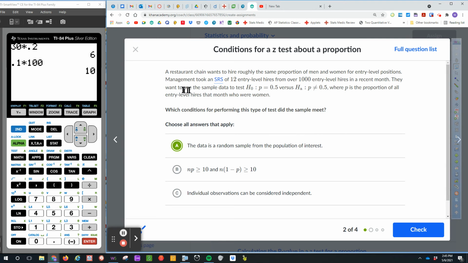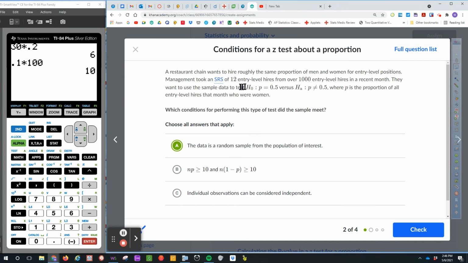They want to use the sample data to test the null hypothesis that the population proportion equals 0.5, which is 50%, versus the alternate hypothesis that the population proportion is not equal to 0.5. So it could be lower, it could be higher, but as long as it's not equal, that's fine, where p is the proportion of all entry level hires that month who were women.